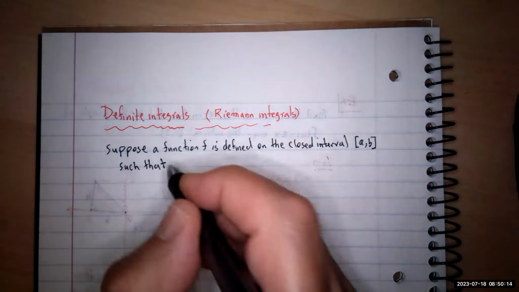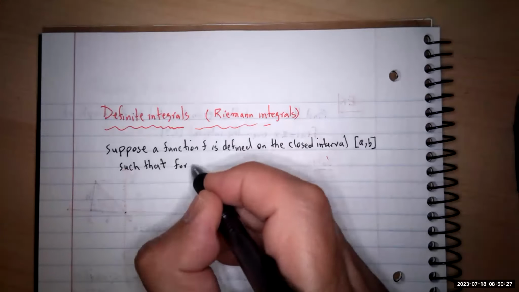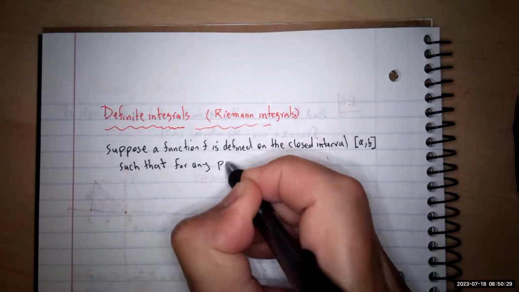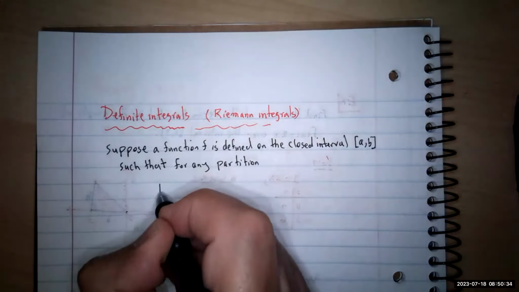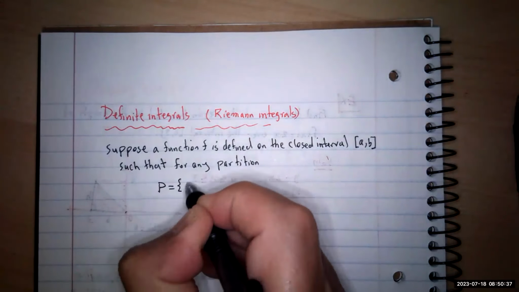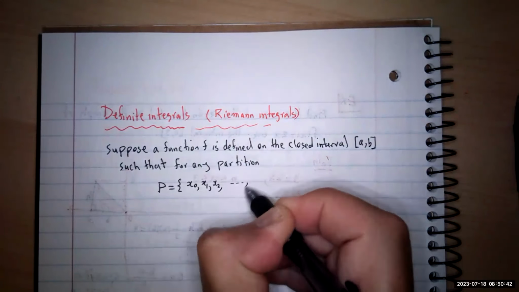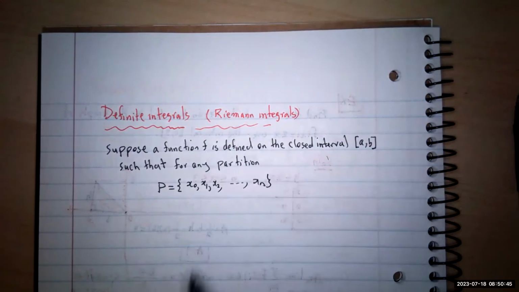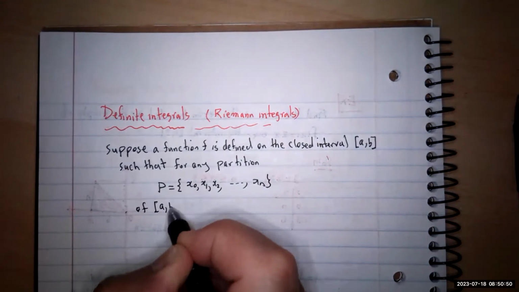for any partition. Remember the way I partition a and b, that interval is the same thing. Suppose the function f is defined on the closed interval a and b such that for any partition, the points of the partition as we did before are going to be x0, x1, x2, up to xn, any partition of the closed interval a and b.